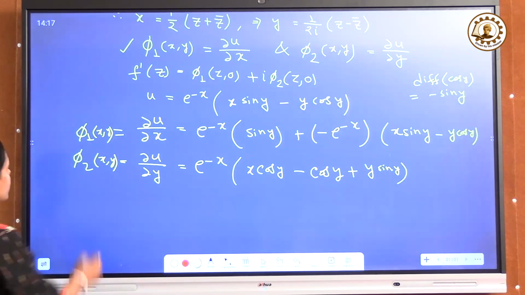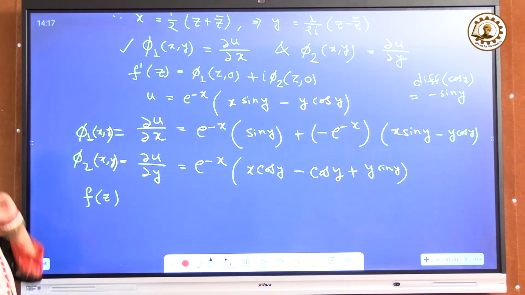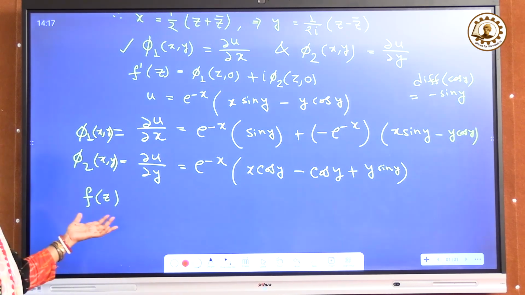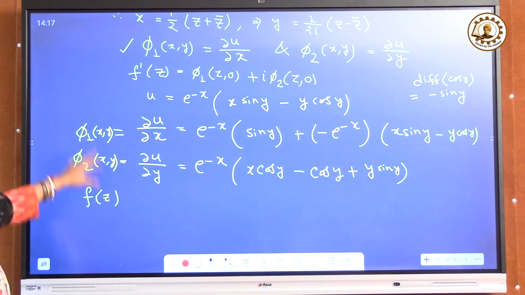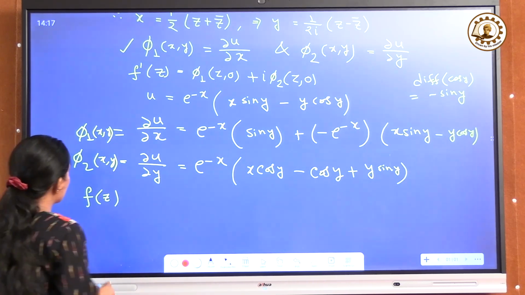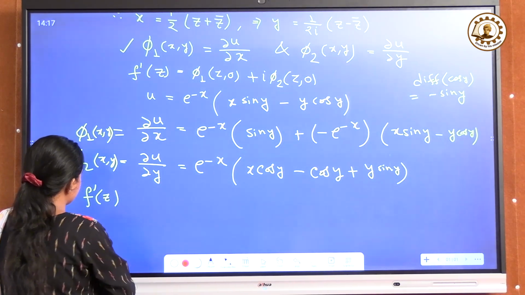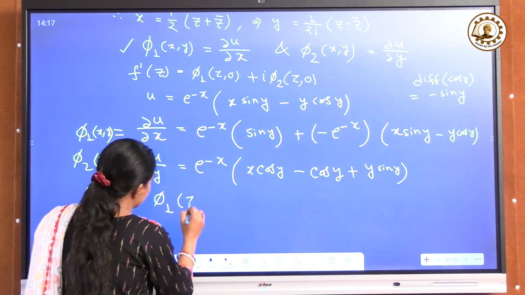So for the function f of z, z equals x plus iy. Here we need phi 1 of z, 0 and phi 2 of z, 0. So f dash z equals phi 1.